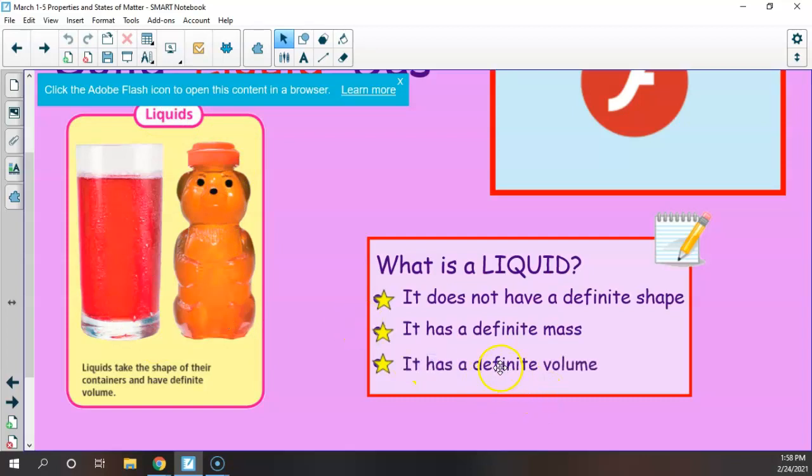And it will also still have the same volume. So no matter what container I pour it into, that will not change its volume. So I'm going to say this again. A liquid does not have a definite shape, but it does have a definite mass, and it does have a definite volume. The only thing that will change in the liquid is its shape.